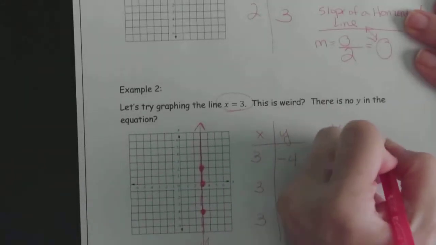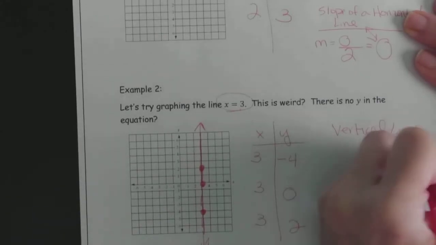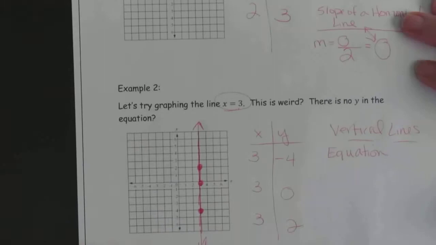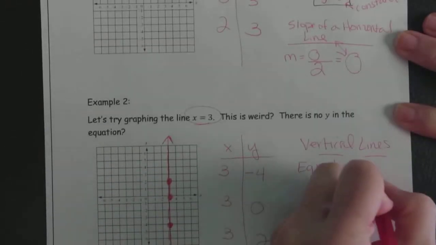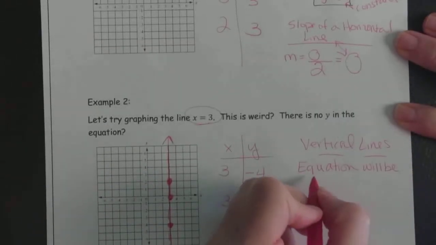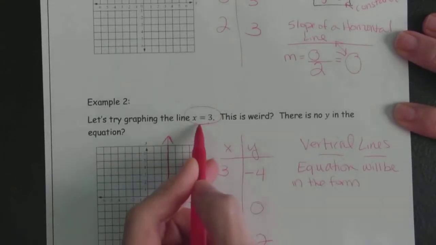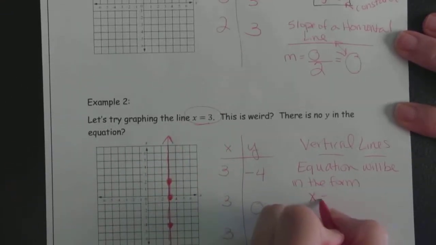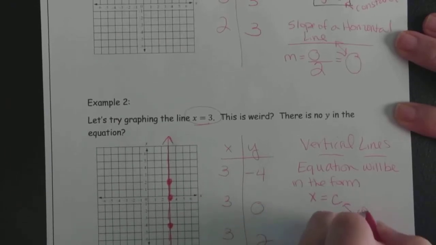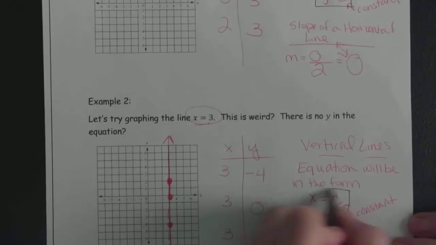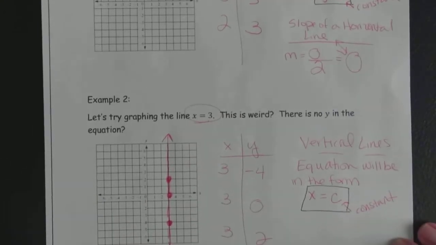Okay, so what have we learned? Well, let's talk about equations. So vertical lines, the equation will be in the form x equals c, where c is a constant, just a number, right?